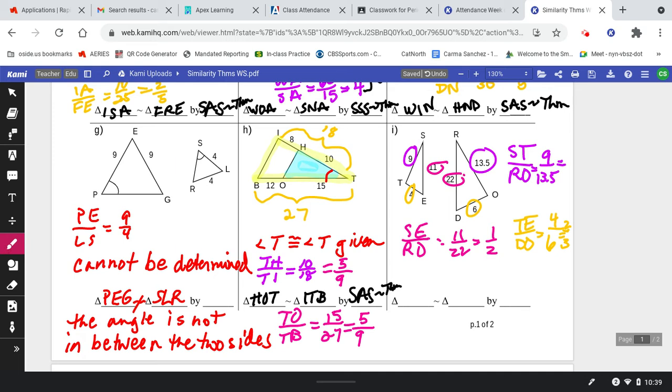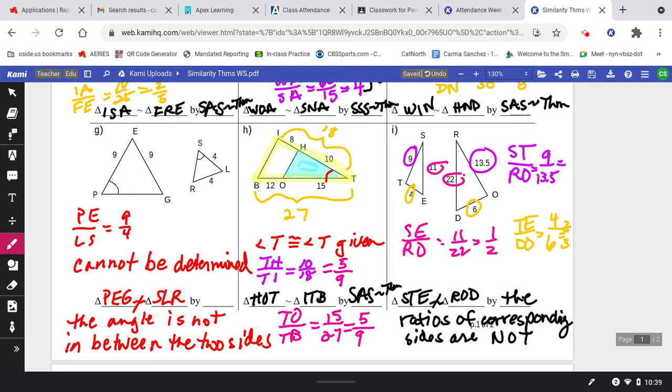So I would say that triangle STE is not similar to triangle ROD. And how come? Because the ratios of corresponding sides are not equal.